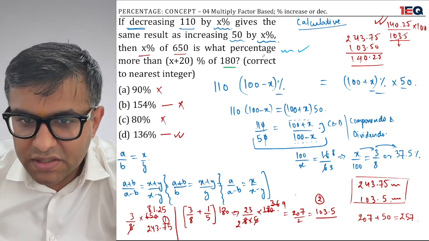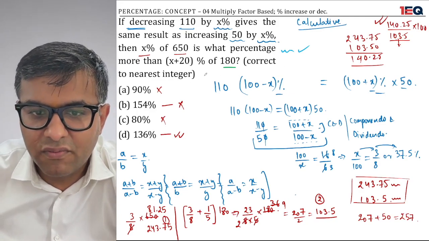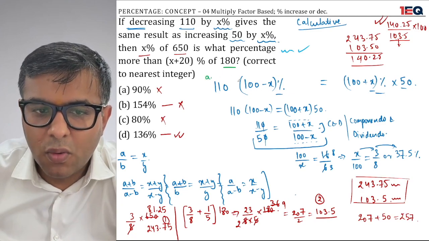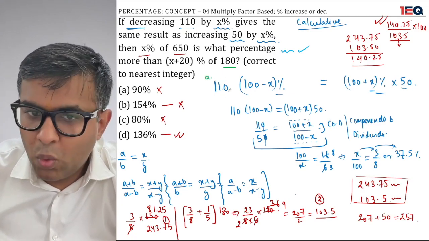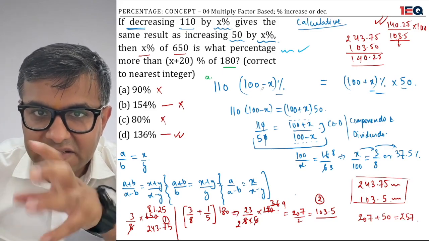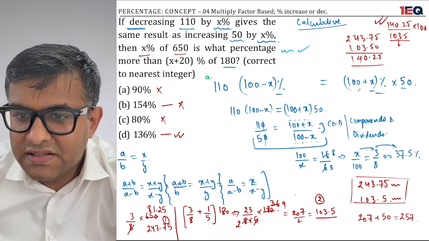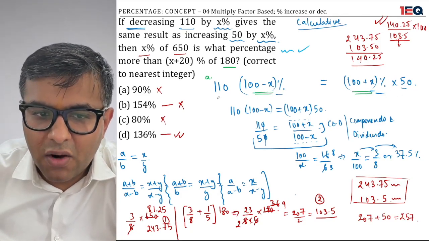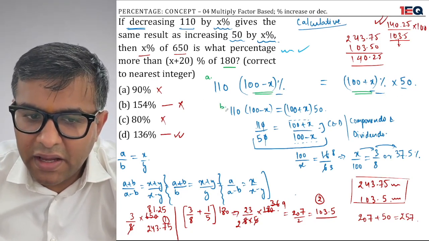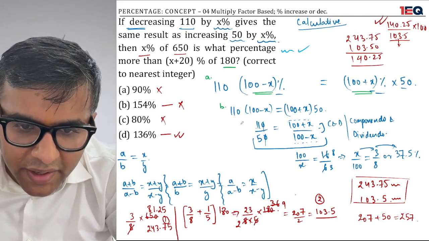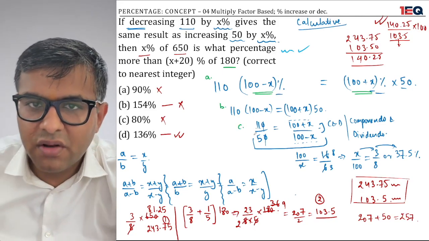Okay, I'll be using the green pen and try to give you the cues of what all steps I took. The first step I took was 1110 multiplied by 100 minus x, which is the decreasing factor using x. This 100 plus x is the increasing factor using x. Now to solve this, here I removed the percentage sign. Now ahead, here I used componendo dividendo.